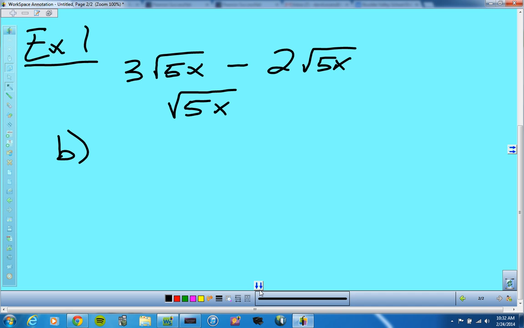Let's say we have 6x squared square root 7 plus 4x square root 7.